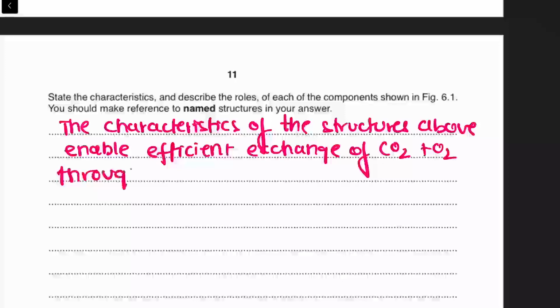So this is the purpose of having all of these characteristics, to ensure that carbon dioxide leaves the blood as quickly as possible and oxygen enters the blood as quickly as possible.